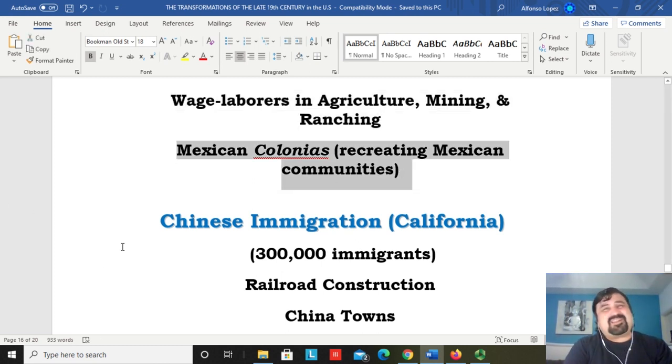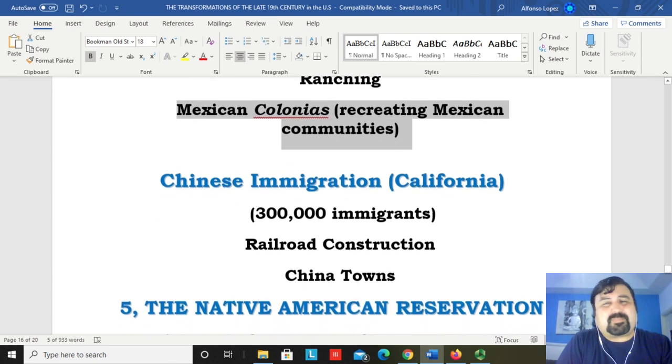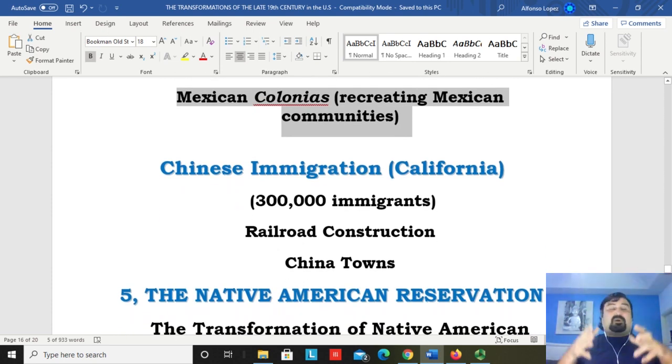And there's yet another very important development when we talk about Mexican immigration into the Southwest, which is the creation of their own ethnic communities.